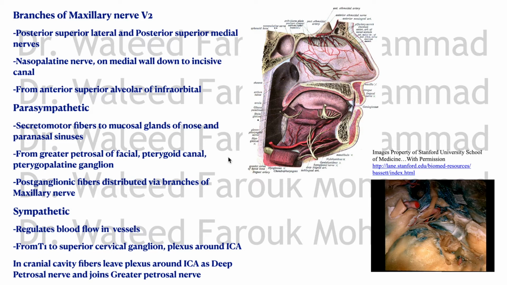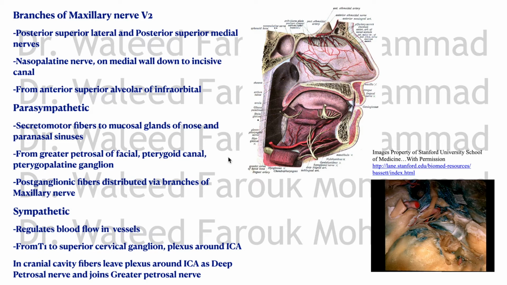The nasopalatine nerve passes through the sphenopalatine foramen and descends on the septum down to the incisive foramen. It passes through the incisive foramen and supplies the gingiva and the mucosa of the oral cavity posterior to the incisors and canine teeth. Remember this in the oral cavity.